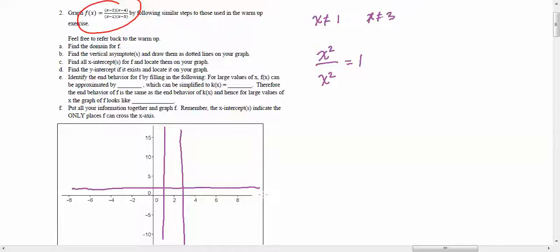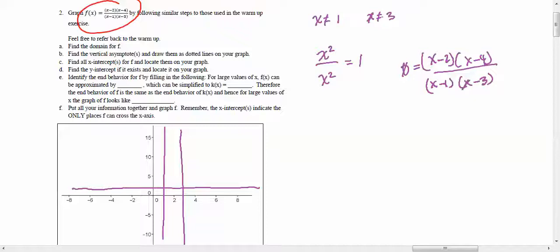Alright, let's see. What is the x-intercept? Well, the x-intercept is simply located where y, or f of x in this case, is equal to 0. So 0 is equal to x minus 2 over x minus 4, divided by x minus 1 over x minus 3.